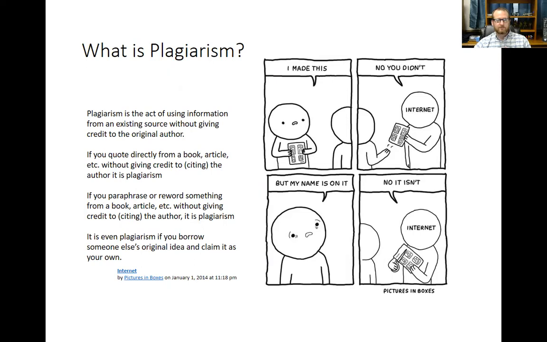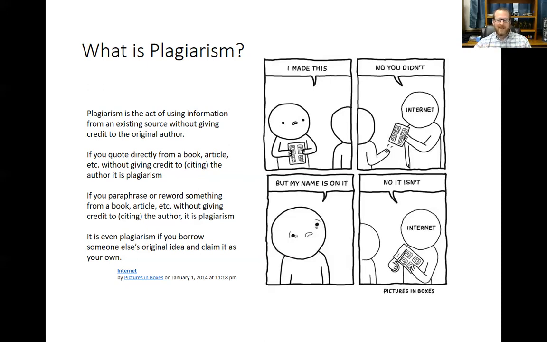But also, we want to make sure that the information that we're providing, our original information that we're bringing to the table, is backed by good, well-founded research. And that's part of the process of citation as well. We are backing up our work with good, well-founded research. And so we have to avoid plagiarism. Another good reason to avoid plagiarism is because it'll get you kicked out of school, right? So nobody wants that.